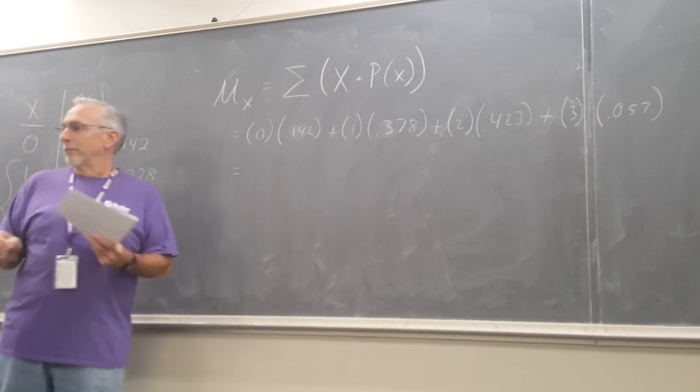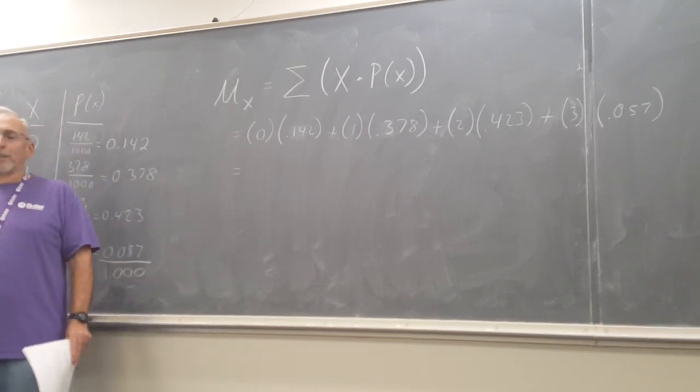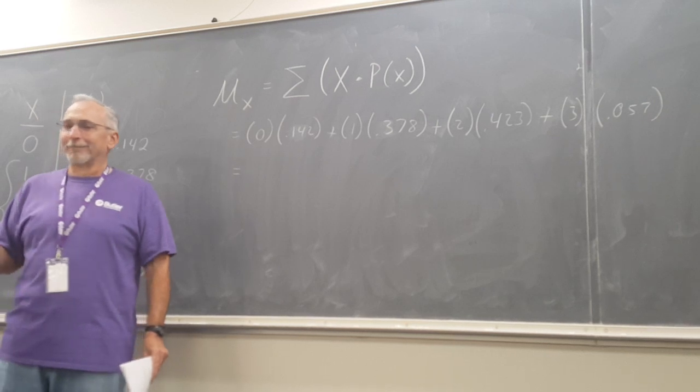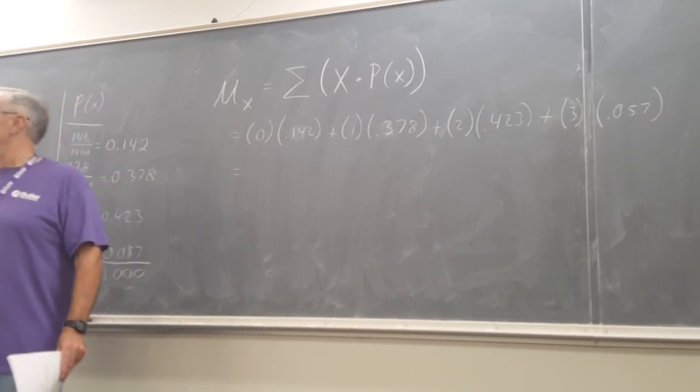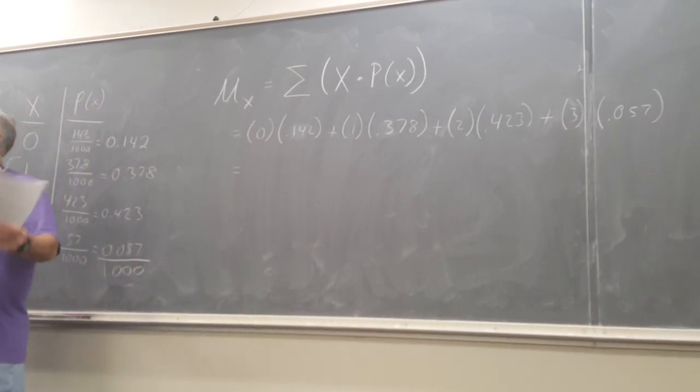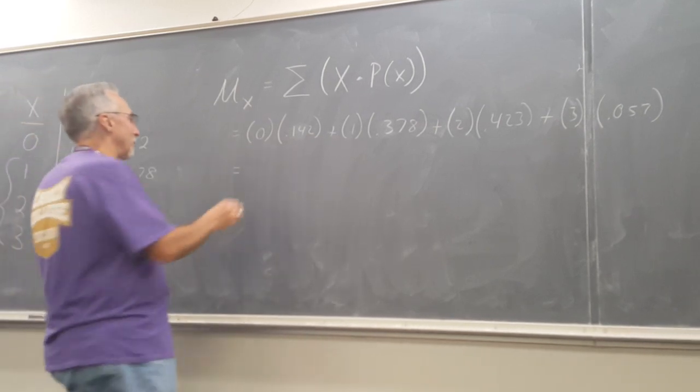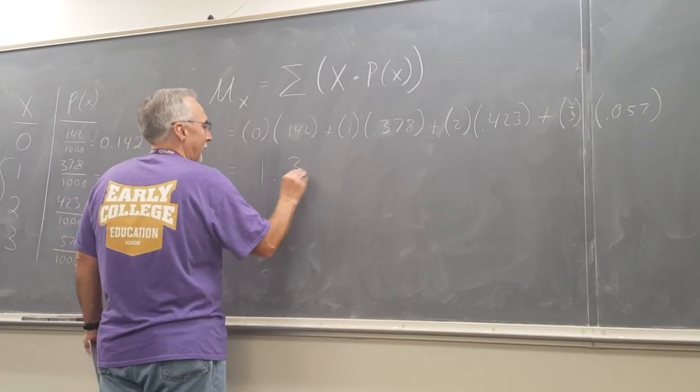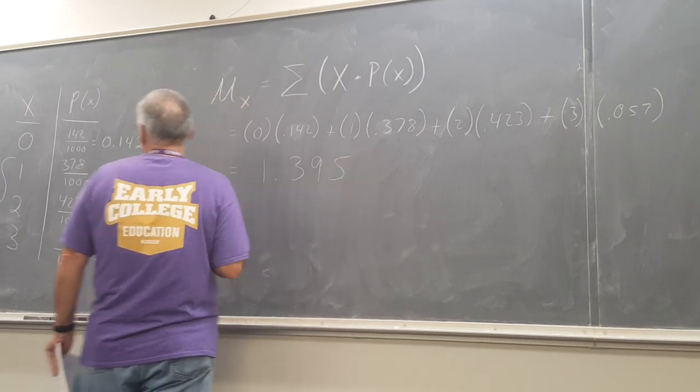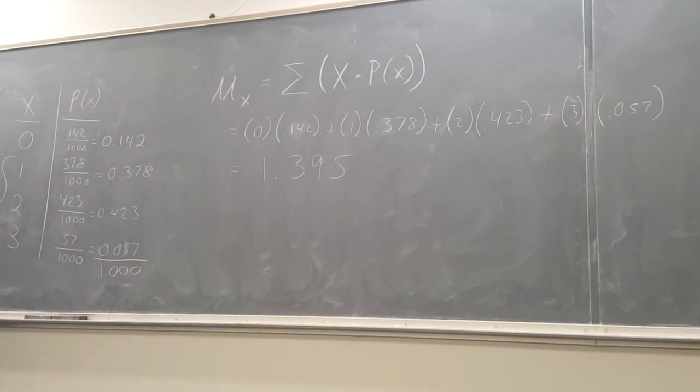Anybody want to second that? All opposed? This is like a political election. You have one person voting and nobody else votes, so you get to select who wins. 1.395, and that is correct.